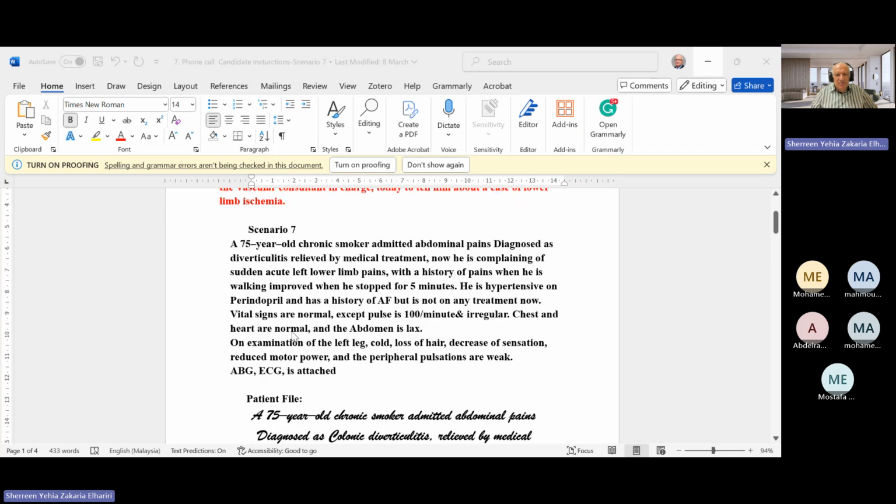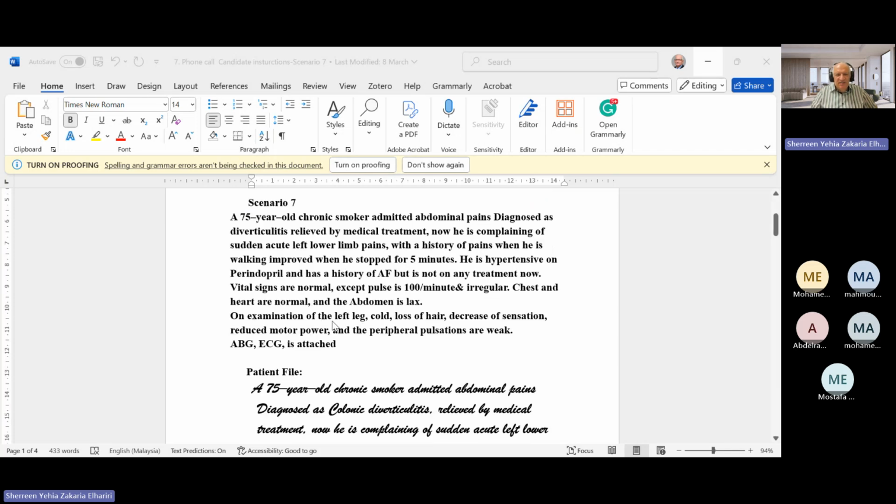Vital signs are normal, except pulse is 100 and irregular. Chest and heart are normal. Abdomen is lax. On examination, the left leg is cold, with loss of hair, decreased sensation, reduced motor power, and weak peripheral pulsation.